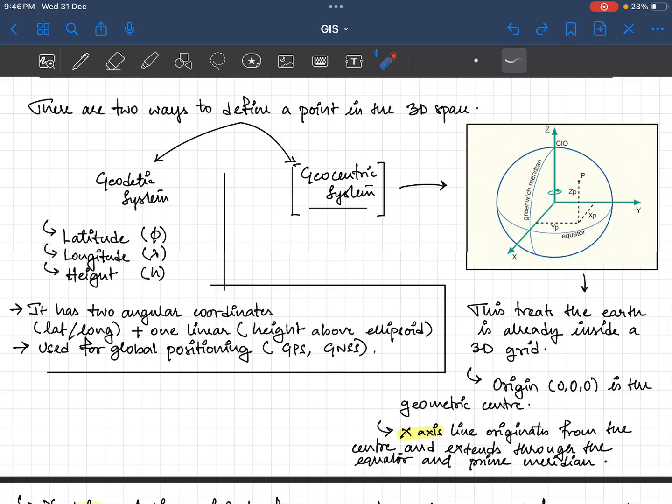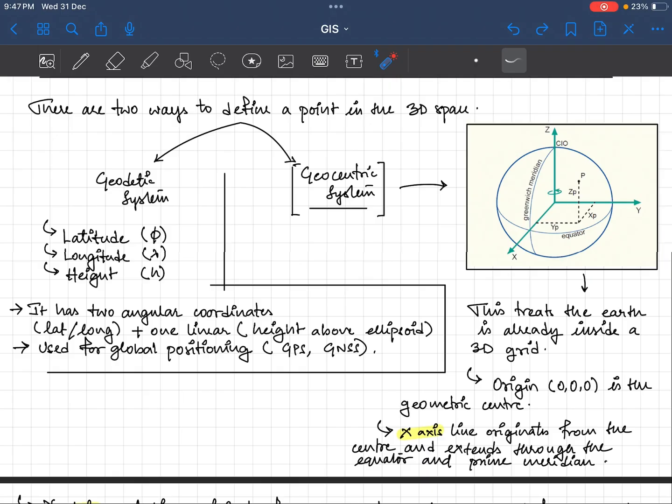So the latitude and longitude are the two angle based coordinates, and one is the height. This is a distance or linear coordinate we use. Using these three, we pinpoint any location in three-dimensional space.